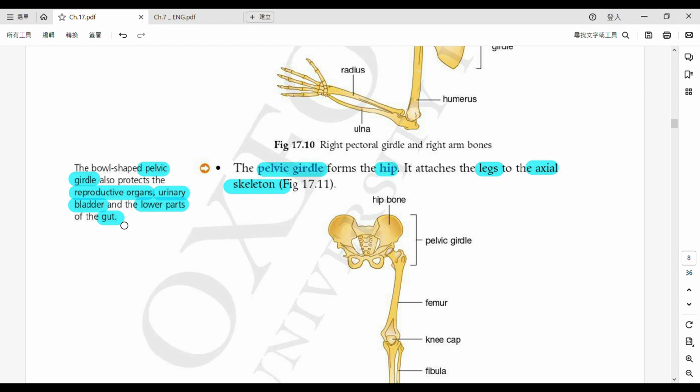So for example，我哋嘅 ileum 啦，我哋嘅小腸啦，我哋嘅 large intestine 啦，part of the large intestine，同埋我哋嘅 rectum，我哋嘅直腸啦。Okay, so that's like the last part before you carry out egestion. Okay, 最後一個部分啦，喺 before you go to washroom 之前，得唔得？So those parts will also be protected by this pelvic girdle.